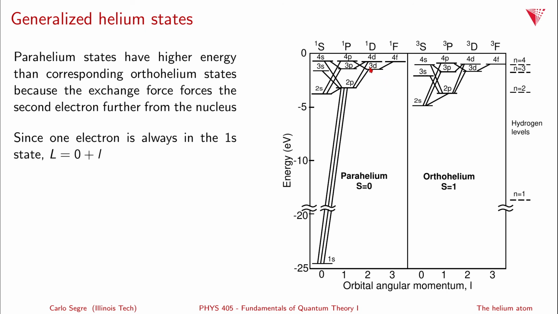If you have the second electron in a 3D state, then L is equal to 2 for that second electron. And that means when you add those states, capital L is also equal to 2, and that means the term symbol is D. And similarly over here, the same thing, but now the superscript in the front is 3 because S is equal to 1, so 2S plus 1 is equal to 3.